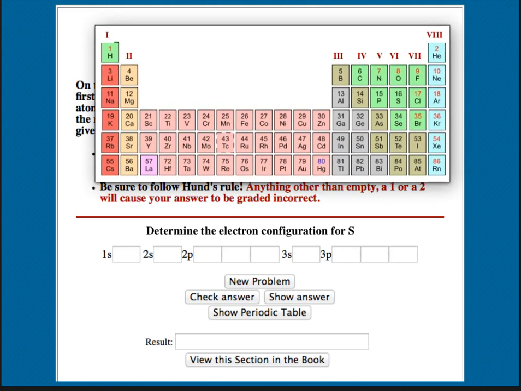Okay, sulfur. Sulfur, we know, lives over here. It's in the 3rd period. So that means that the 1s, that's this guy, is full. We have 2 electrons in the 1s.